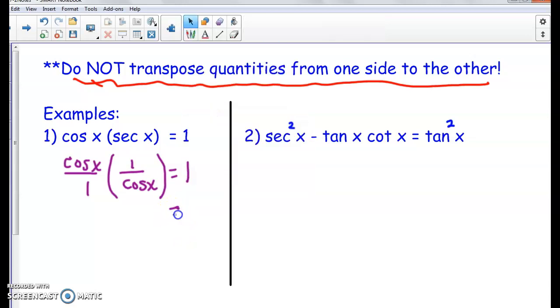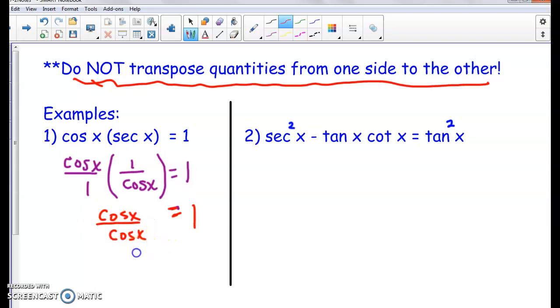Keep the equal sign where it is and simplify as best I can. All right, so there's my equal sign, there's my 1. Then cosine times 1 is cosine x, and on the bottom I'm going to end up with cosine x. And so obviously any expression divided by itself is 1, and I always just put a little check mark at the end to show that I'm finished and I verified it.